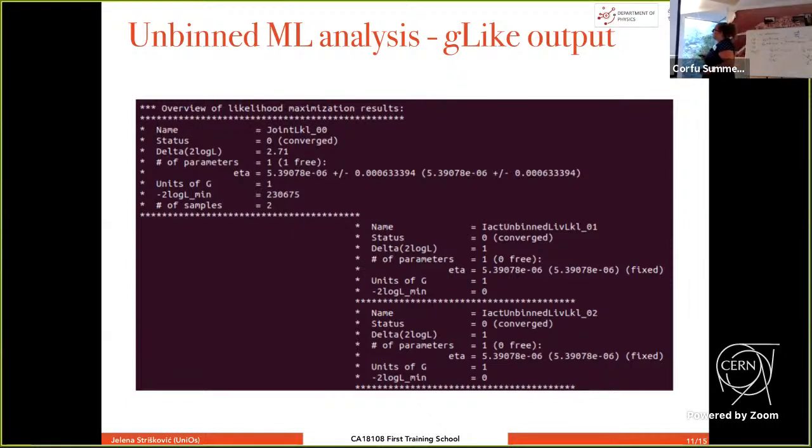Again, I do the same for the same source with the other telescope. And then those two are combined in this joint likelihood method. Here you can choose some statistical parameters, so whether you like a 95% confidence level, one-sided, two-sided, or other options.